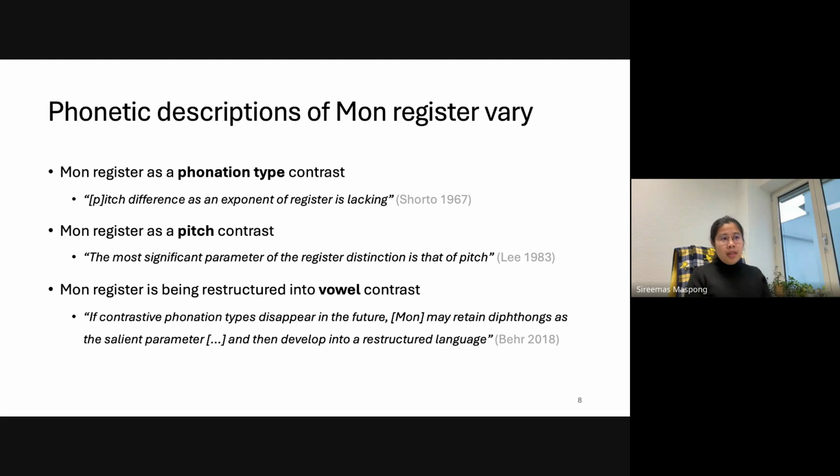And some studies say that not just pitch and phonation type, but Mon also has vowel quality difference, with a suggestion that Mon register is being restructured into a vowel contrast. For example, Baer in 2018 said that if contrastive phonation types disappear in the future, Mon may retain diphthongs as salient parameters and then develop into a restructured language. This is similar to the case of Khmer, for example.